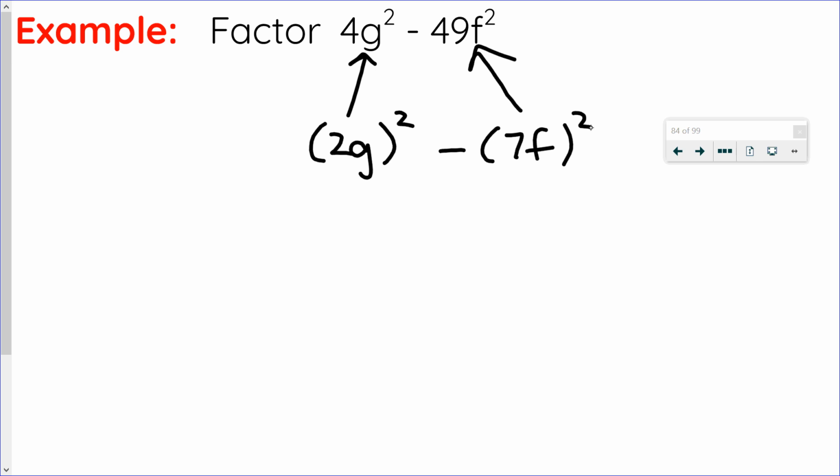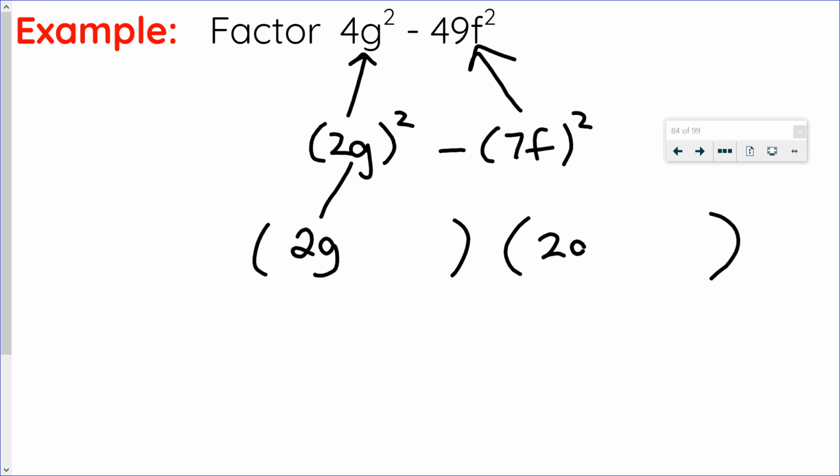So I know that this factors into the same but opposite because it gets rid of the middle term. So I'm going to put a 2g here and here, and a 7f here and here. And then I just simply add one and subtract the other. So factoring a difference of squares is the same but opposite factors.